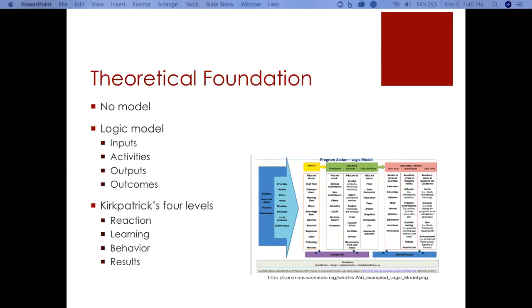What I saw as a most common application of a model was Kirkpatrick's 4 levels, so reaction, learning, behavior, and results. But in total, I would estimate that only about 20% of the articles that I reviewed had any kind of model whatsoever.